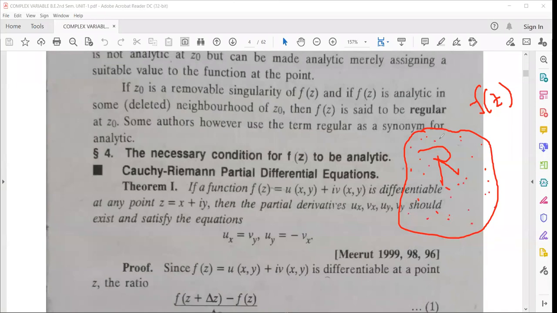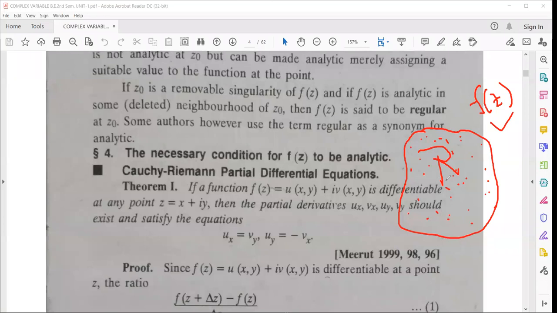So is it possible for you to check the derivative at each and every point? Obviously not.